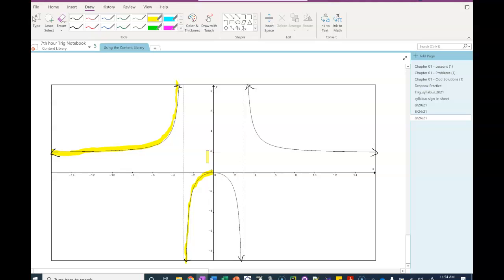Everybody agree with that? How many decreasing or downhill sections do we have? 2. So starting at 0, we go downhill. And then starting at the other side of my asymptote, I go downhill. So do I have anything that's constant? No. There's no flat section here. So far, so good?